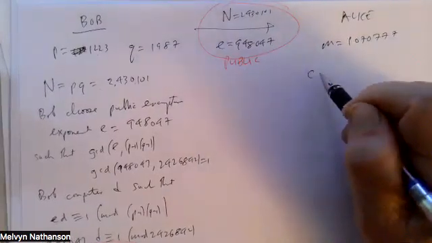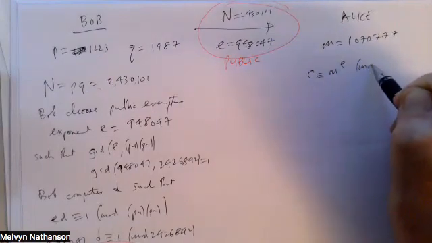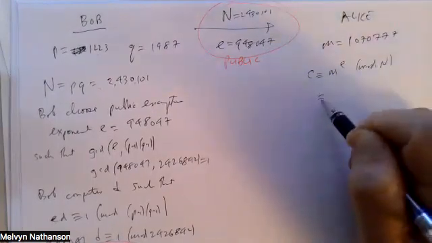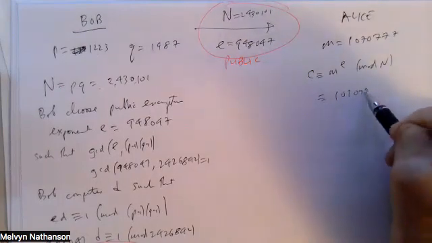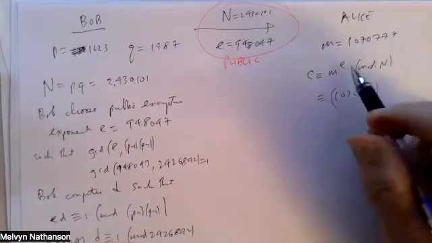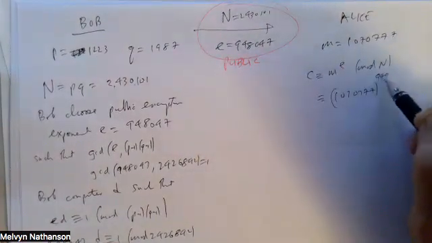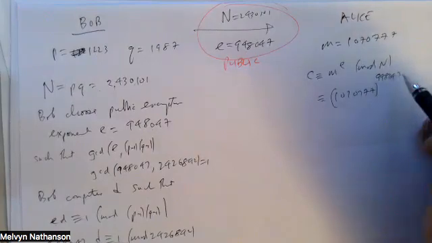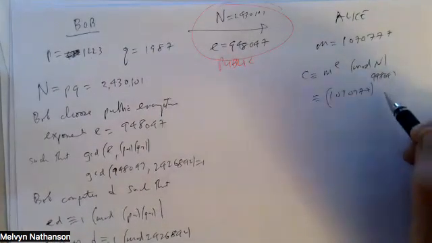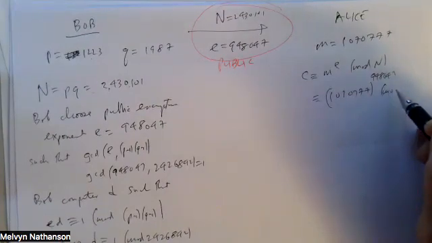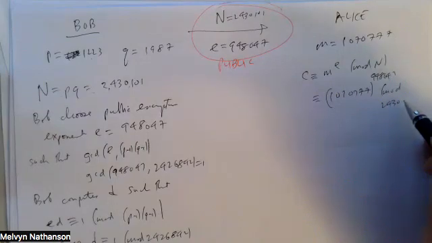She computes C, which is going to be M to the E mod N. That is 1,070,777 raised to the encryption exponent 948,047, and that number reduced modulo capital N, which is 2,430,101.